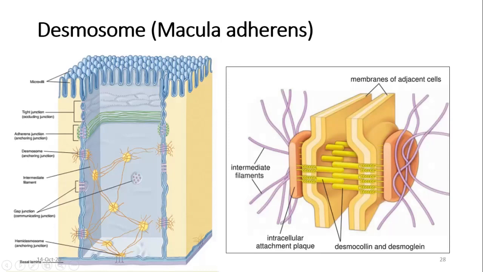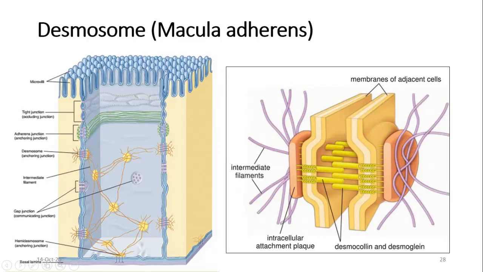As we see again, these are desmosomes or called macula adherents. It is like spots of junctions. On the right side, you see the membranes of the adjacent cells. This is the cytoplasmic site of this cell, and this cytoplasmic site of the other cell.